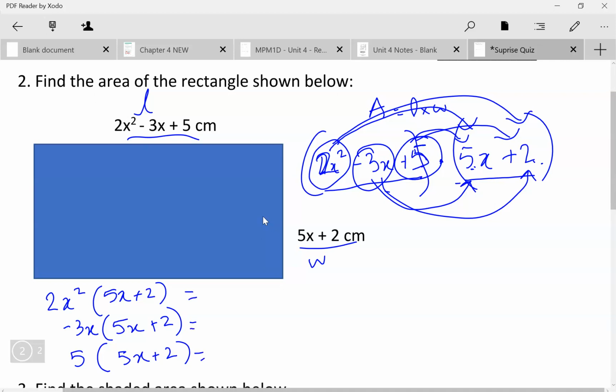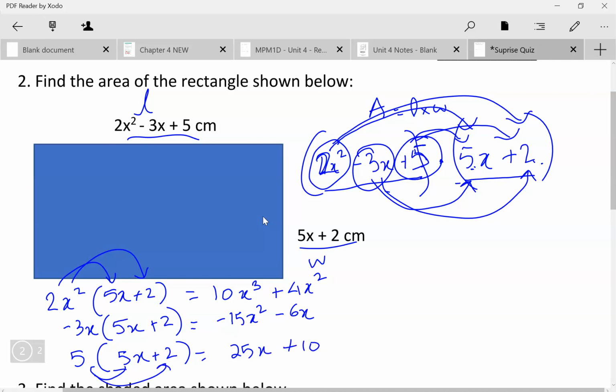So 2x squared times 5x, 10x to the power of 3 plus 4x squared. Hopefully everybody sees the distributive property here. Minus 15x squared minus 6x. And here we have 25x plus 10. Again, distributive property applied to each of these small brackets.